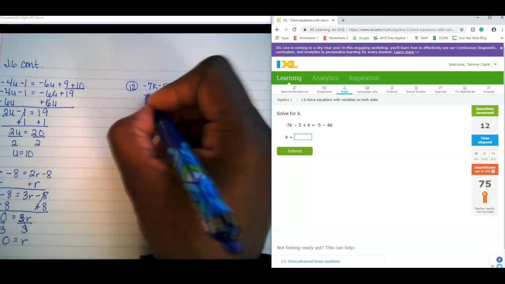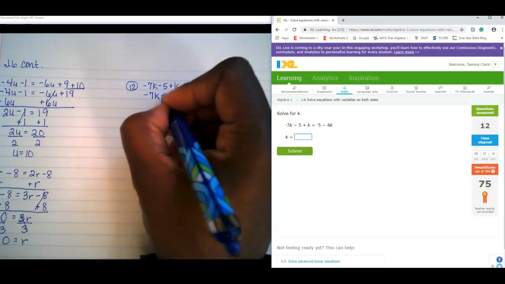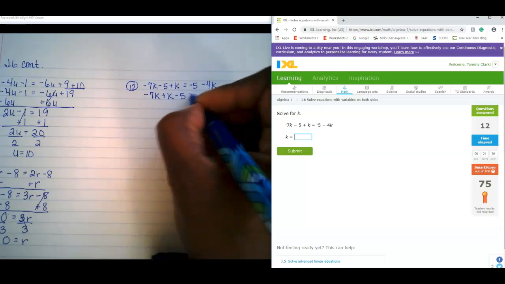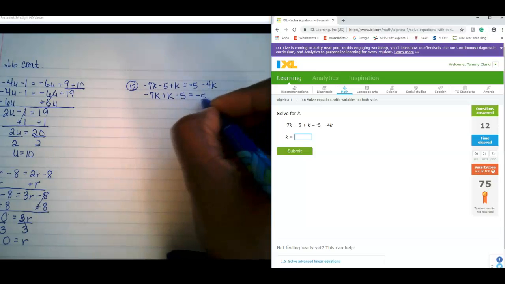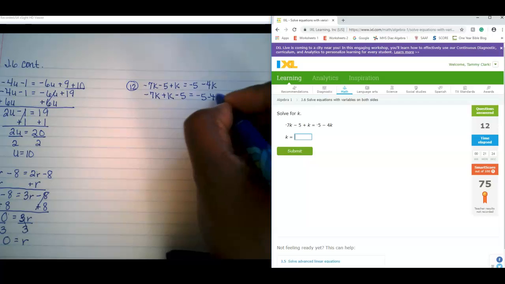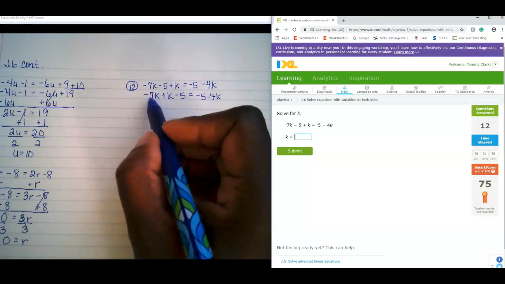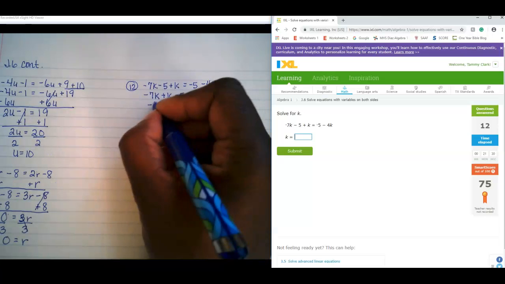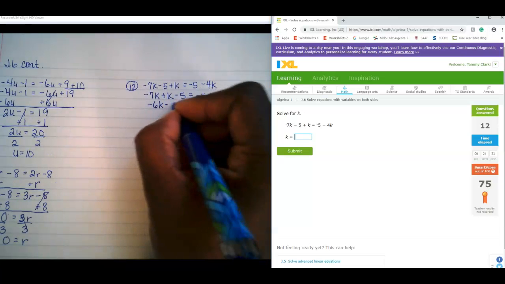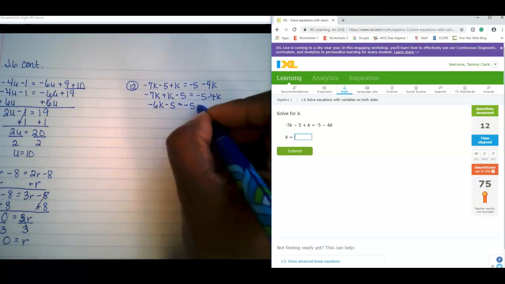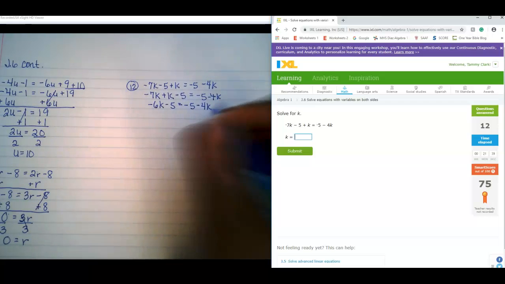We have negative 7k, and then we have positive k. Those are 2 terms that are alike. So basically what I just did was group them together. So negative 7k plus k, negative 7 has the advantage by 6, so we're going to put negative 6k minus 5 is equal to negative 5 minus 4k.